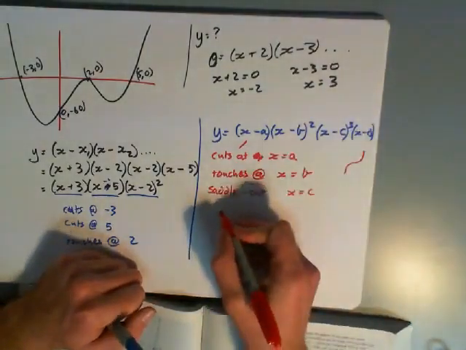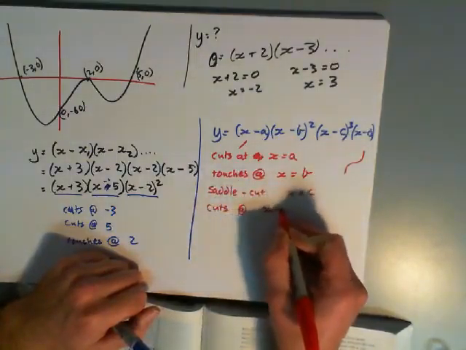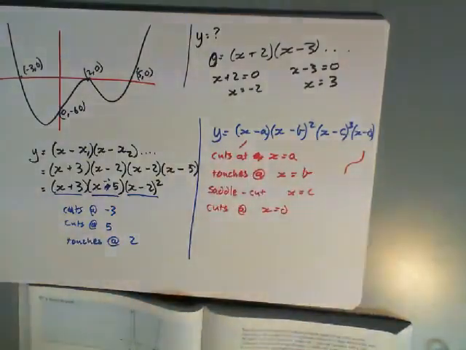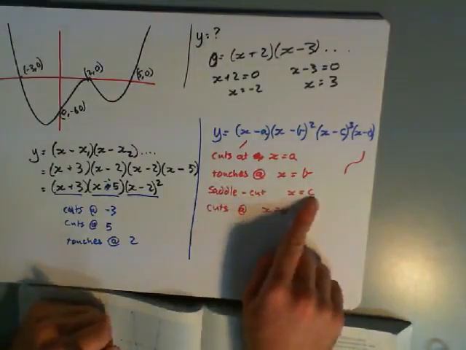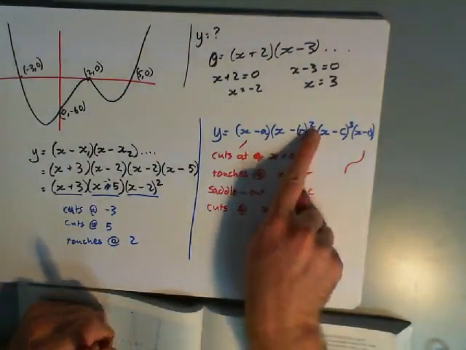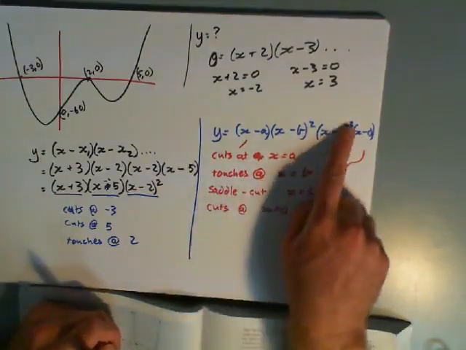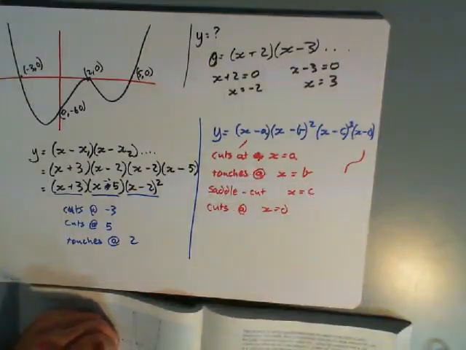And for the last part, again, it cuts it at d. So just a bit of a summary. Okay, powers of 2 touch, powers of 3 saddle cut it. Or actually, what we should say is even powers touch it, and odd powers are going to follow that shape.